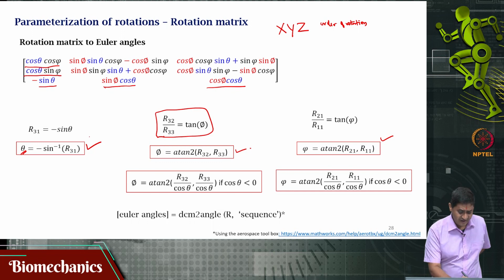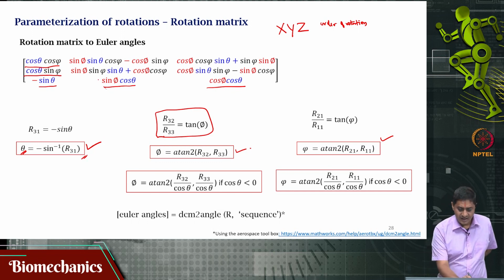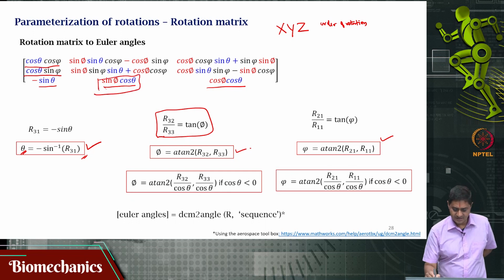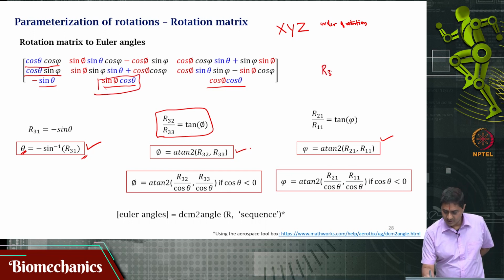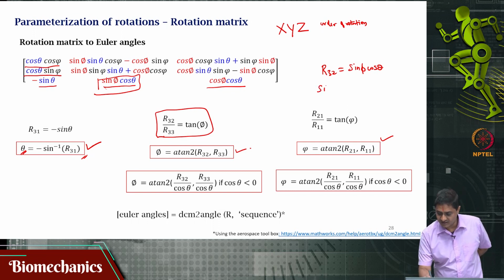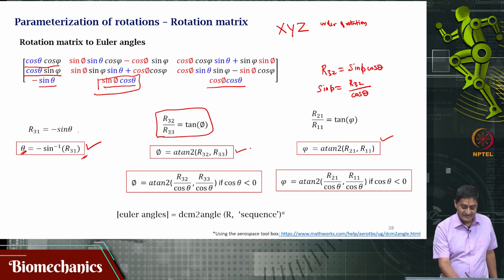For example, if I have found theta using this method, then I can take this value, that is R32. R32 is sin phi cos theta, and I already know theta, since I just found it in the previous step. From that I can find sin phi as R32 by cos theta, where theta is already known from the first step.